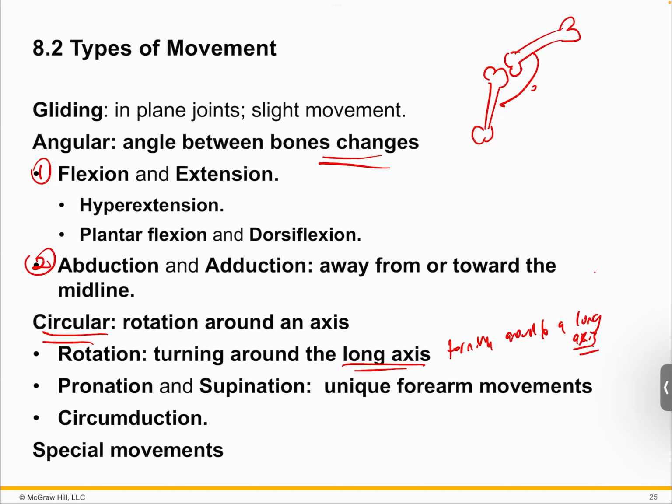It's like spinning. This is the end of your bone. It's like spinning like this. It's actually rotation. So when you take a look then at circumduction, this is basically like drawing a circle in the air. So let me explain to you what this looks like.